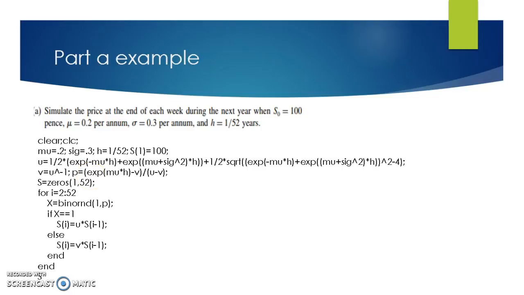You're going up. The S is saying your zeros from 1 to 52, and we're going to simulate throughout the year. So I is going to be from 2 to 52 because S set that first week, the 1. And then you just go through using that binomial random 1 or 0 to go through and predict for the year.